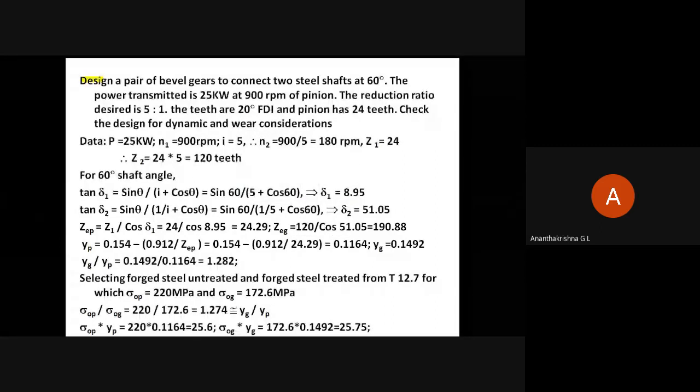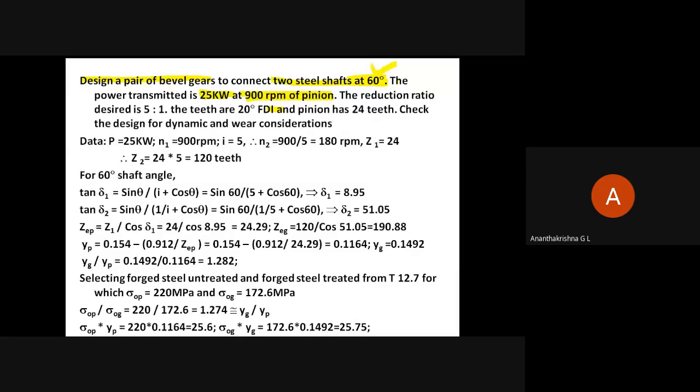Design a pair of bevel gears to connect two steel shafts at 60 degrees. It is essentially an acute angle bevel gear. The power transmitted is 25 kilowatt at 900 RPM of pinion.